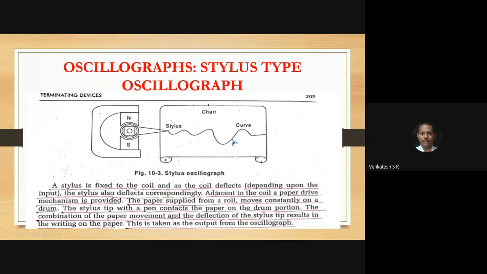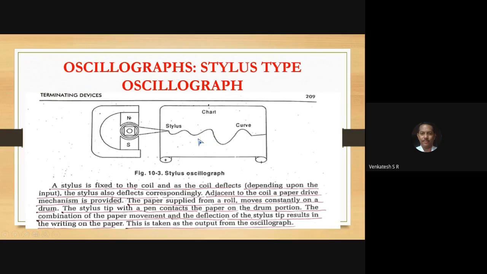The vibration of the earth is measured in Richter scale. If the earthquake in the Richter scale is above 5, then the earthquake is very, very severe. If the earthquake is less than 5, then the severity of the earthquake is little less.